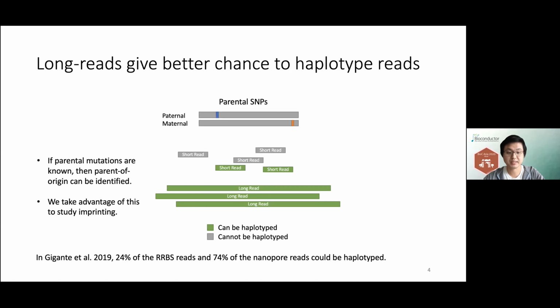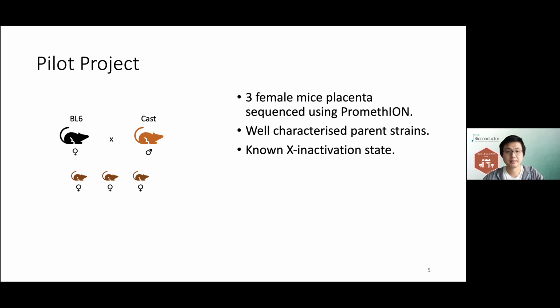In a previous study by Gigante et al. in 2019, it was found that 24% of reduced representation bisulfite sequencing reads could be haplotyped, whereas 74% of nanopore long reads could be haplotyped. To test this technology, members of the Blewitt Lab at WEHI helped design this experiment where we take F1 crosses from these Black 6 and Cast strain mice.